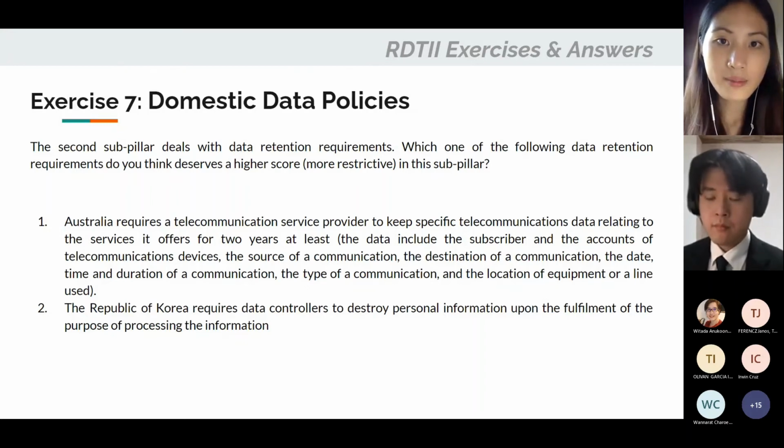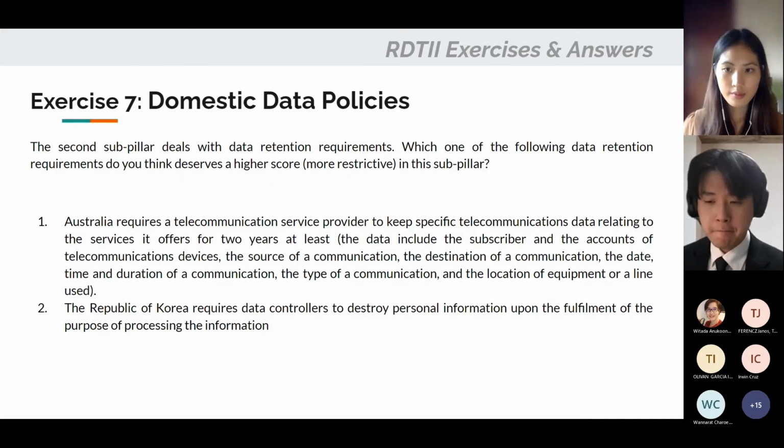Thank you. That's one element that RDTII tries to look into. We have indicators that do not really reflect the existence of the law, but how the country implements the laws. For example, based on business surveys or complaints from parties.